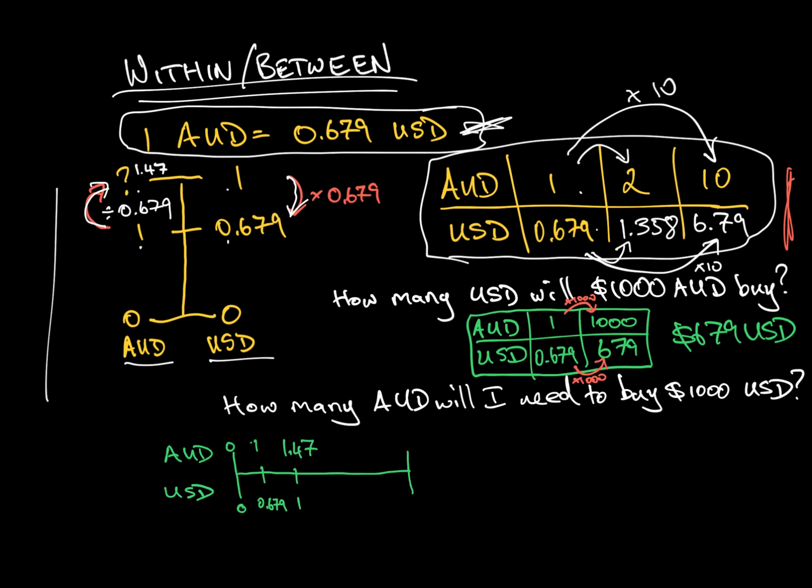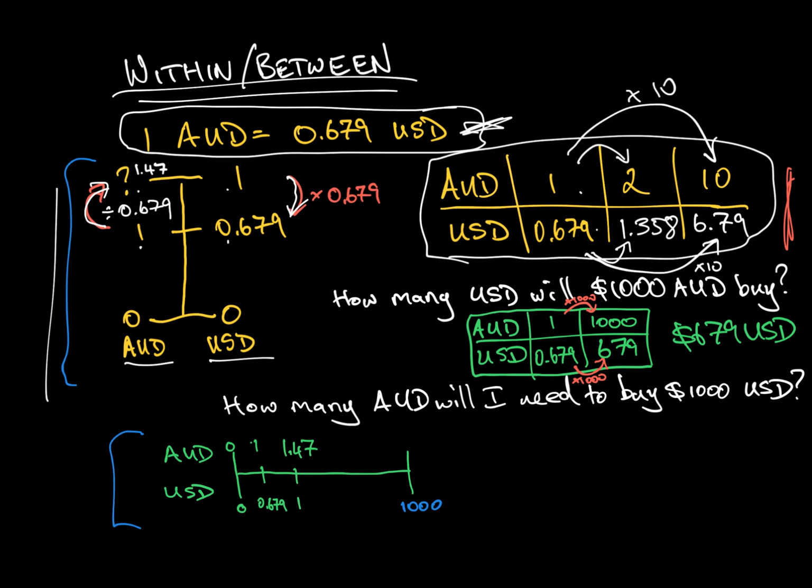For the next one, how many Australian dollars will I need to buy 1,000 US dollars? I'm going to borrow my dual scale number line from up here and reproduce it down the bottom. You'll notice that I've turned it on its side, but otherwise it is the same, except I've extended it a little so that I can get to 1,000 US dollars.